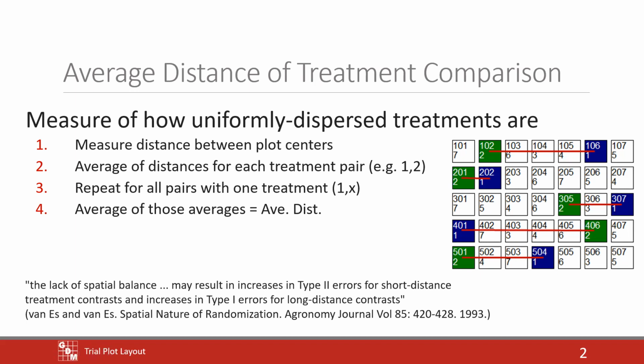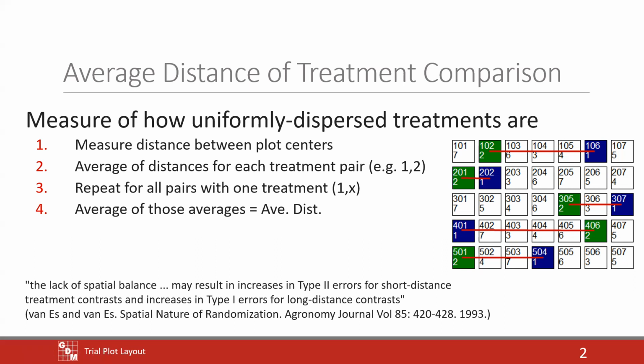So overall, it's typically how far away treatment 1 is from any other treatment. And then of course we can do that with treatment 2, 3, 4, et cetera. So that is what's labeled in ARM as average distance.